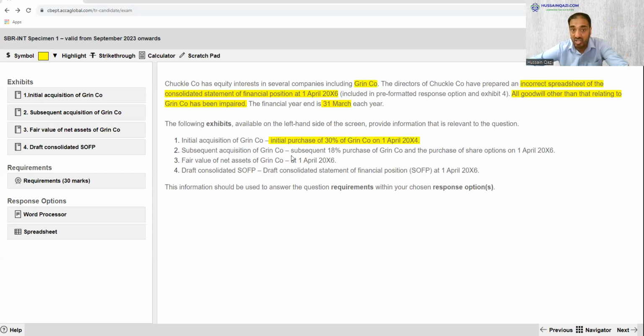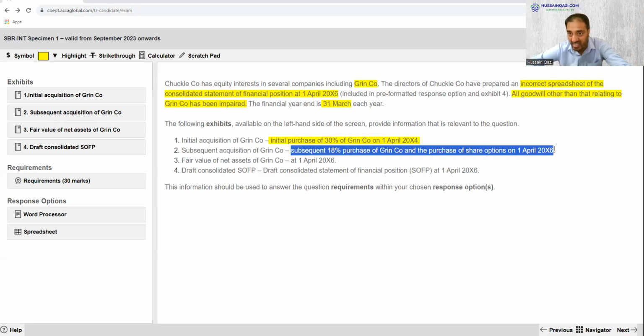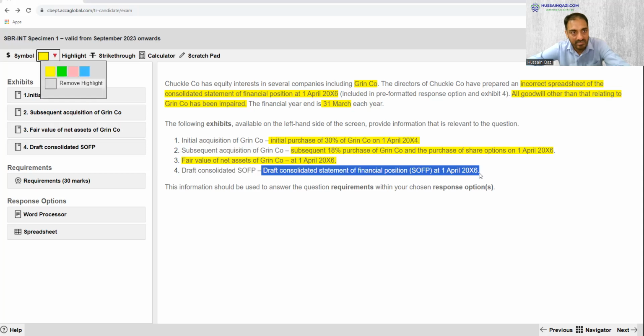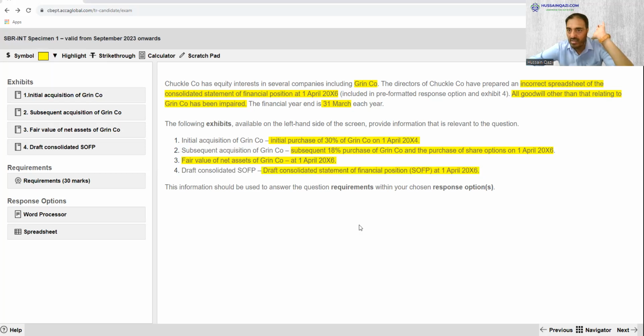Then subsequent acquisition of GRIN 18% plus the share option. It's very clear the question is something about balance sheet, associate, step acquisition. Then some fair value adjustment and something about draft balance sheets. So basic mindset is very clearly developed.